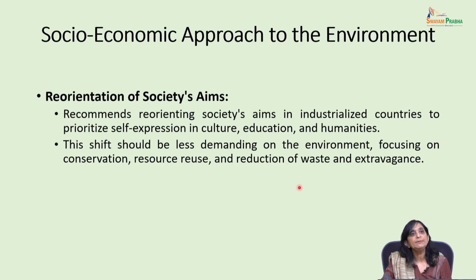So he is aiming at the reorientation of the society's aim, and he recommends a society in industrialized countries which prioritizes self-expression in culture, education and humanities. This shift should be less demanding on the environment and focus on conservation, resource reuse and reduction of waste and extravagance. So this is the socio-economic approach.